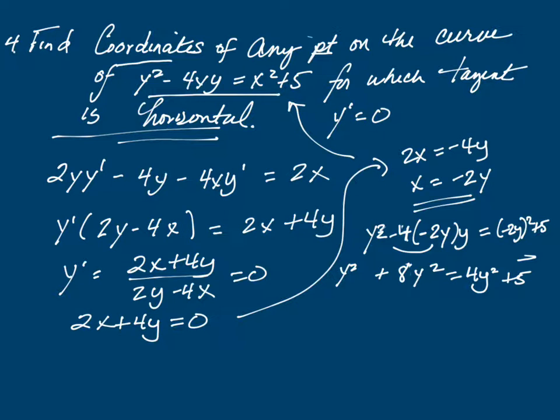So this would be 9y squared minus 4y squared, so that's 5y squared equals 5. So y squared equals 1. So y equals plus or minus 1. Okay, I have y equals plus or minus 1, and I had x equal to negative 2y.